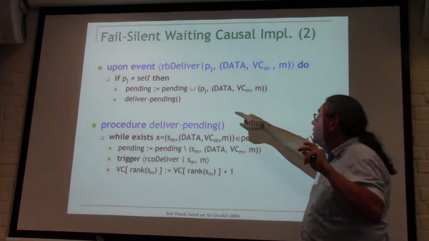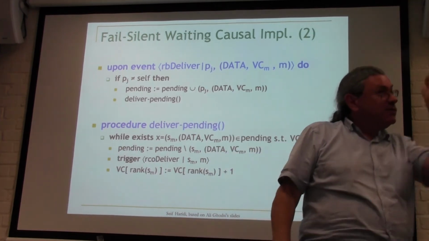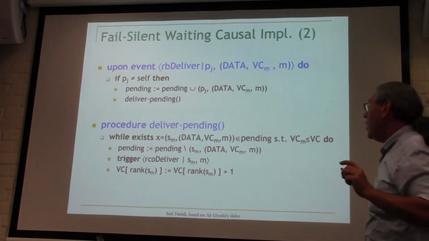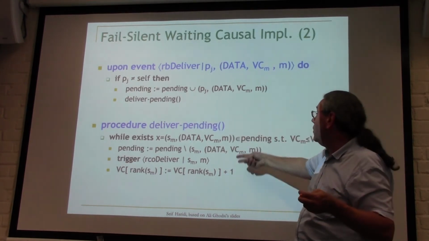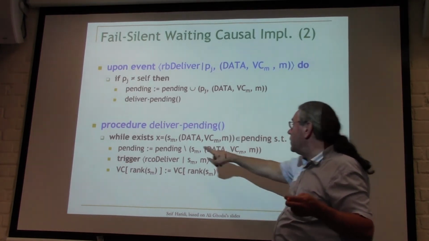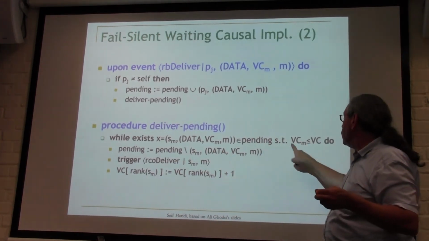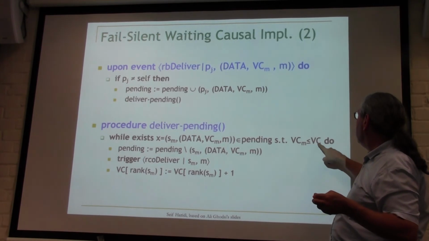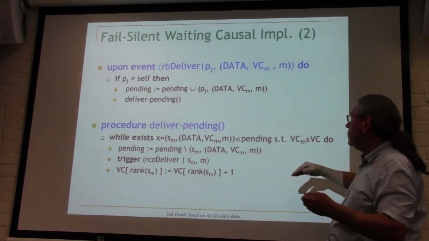Then we have this procedure called deliver pending, and this is the one that decides whether we can RCO deliver or not. It's kind of like a for loop. If there exists an element of pending such that VC is less than or equal to VCM less than or equal to VC, then I can RCO deliver.